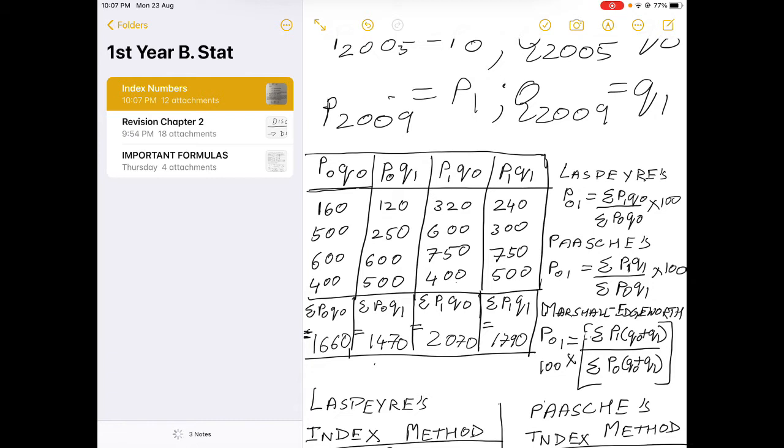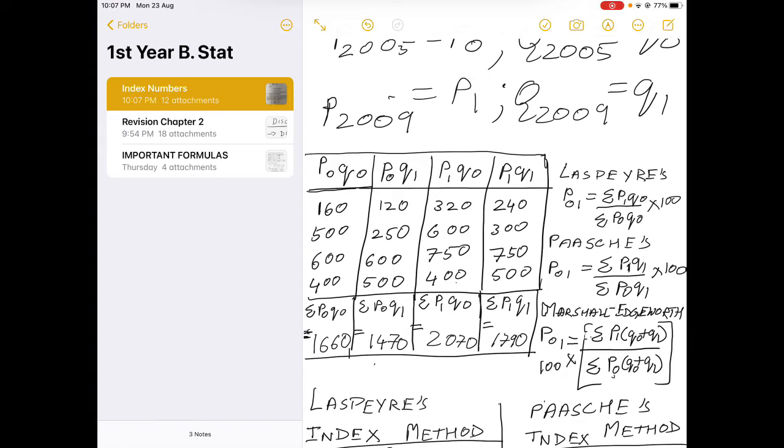I take the prices of 2009 in the numerator, multiply with quantities of both years, so P1 Q0 plus P1 Q1. Similarly, in the denominator, I have prices of 2005 multiplied by quantities of both the years, so P0 Q0 plus P0 Q1. Then I calculate this value in the brackets and multiply it by 100.